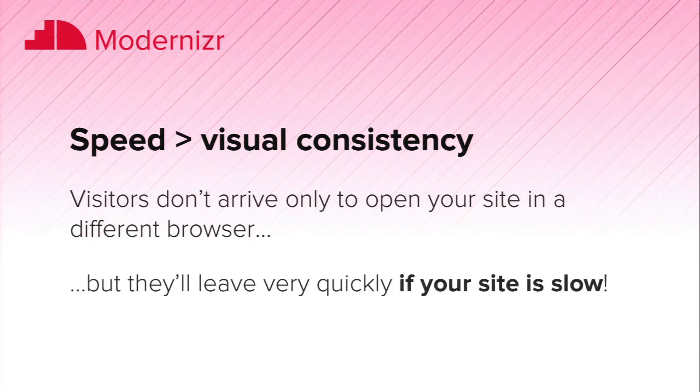If your site takes 15 seconds between each page load or each click on the page because you have all these polyfills loaded, and it's great that you did border radius in IE6, but you've now made it so slow for the user that they are going to leave, because they don't want to sit there waiting for your border radius to render pixel by pixel. So really get into the mindset of sacrificing visual consistency if it impedes the speed and performance of your website, because you're going to lose users a lot faster by slowness.